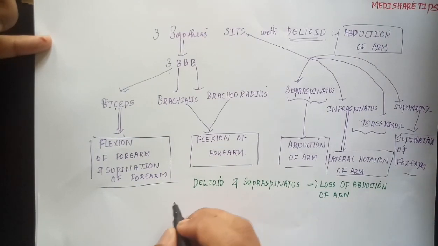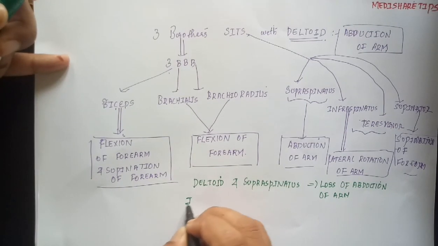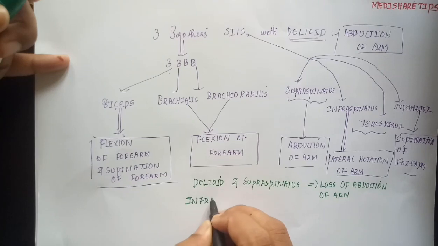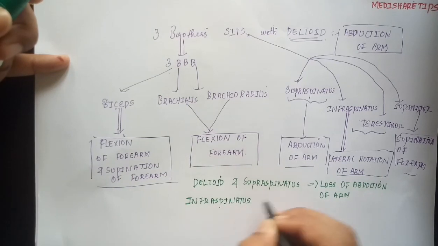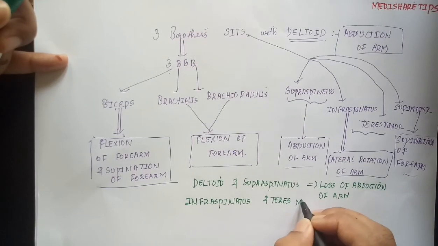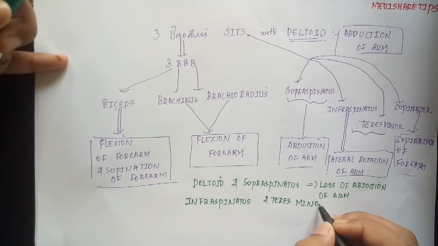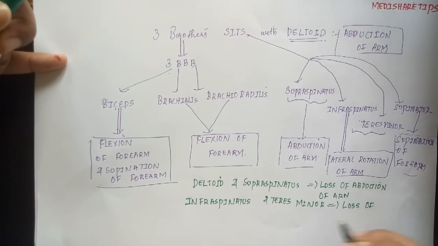Paralysis of infraspinatus and teres minor causes loss of lateral rotation of the arm.